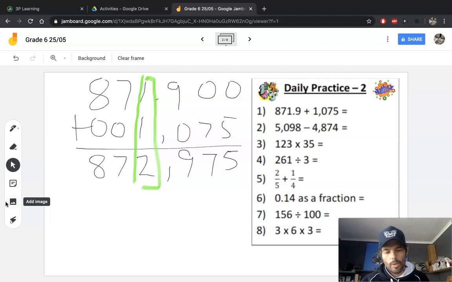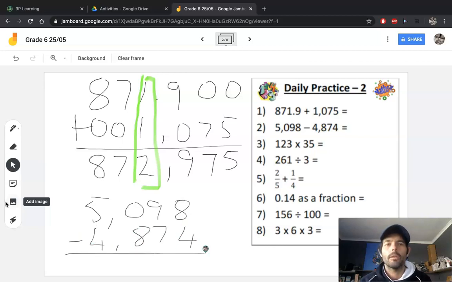Then your second question, again, this is a subtraction sum, so we're subtracting decimals, and again we just need to put the numbers in the correct columns. So a good bit of mental arithmetic practice for you. 8 minus 4 is 4, 9 minus 7 is 2. We need to borrow, and remember the decimals need to be in the same place.